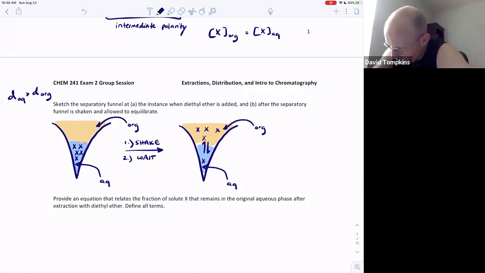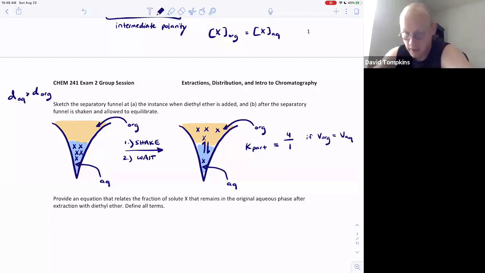So Kpart, which we said was the concentration of X in the organic over aqueous, here is 4:1, as I've shown. That's assuming the organic volume is equal to the aqueous volume. If it's not, then it's not simply a mole ratio. But here, if those volumes are equal, there are 4 molecules of X at equilibrium in the organic phase and 1 molecule of X in the aqueous phase.